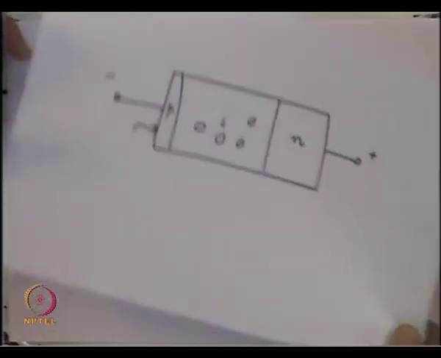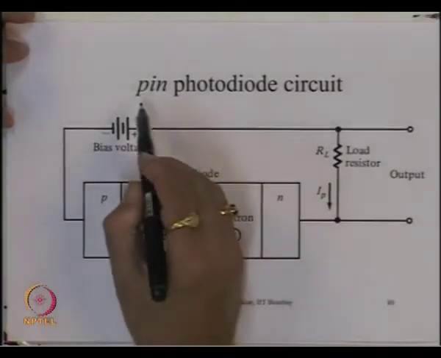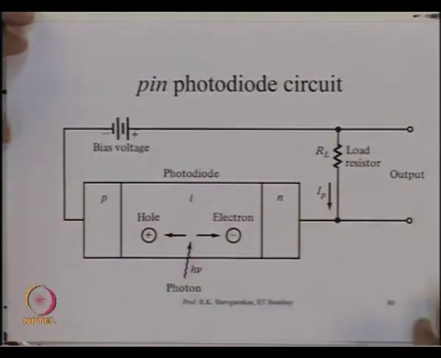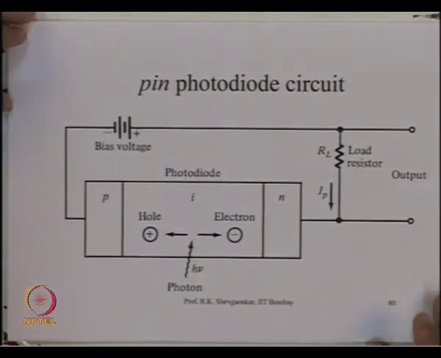So, the photodetector which is commonly used for detection of light is not the PN junction, but we call the PIN junction, and we call it the PIN photodiode or pin diode.